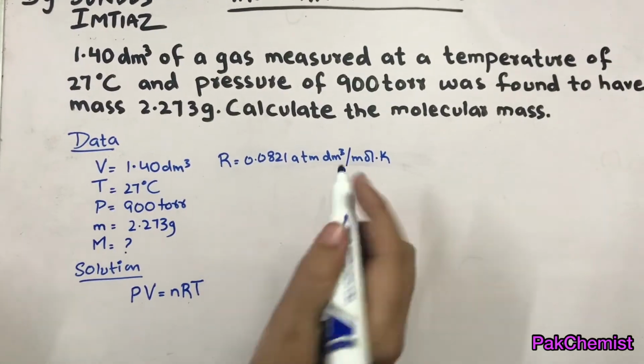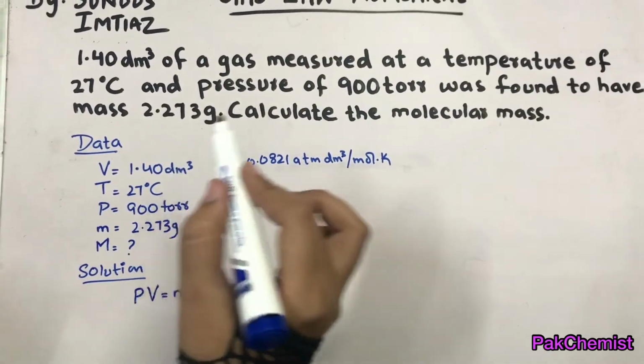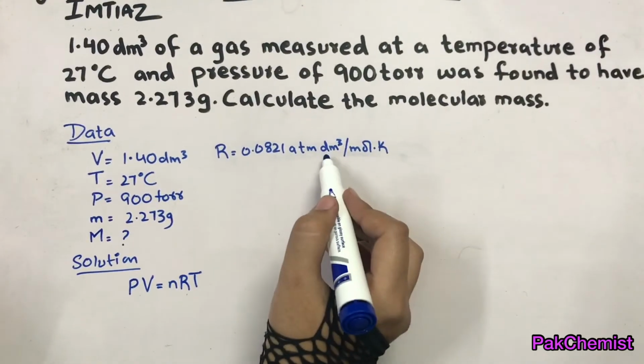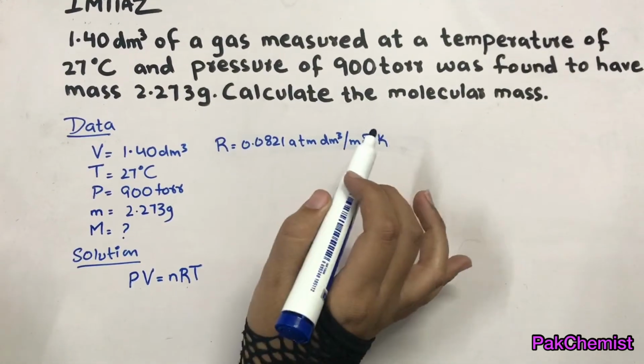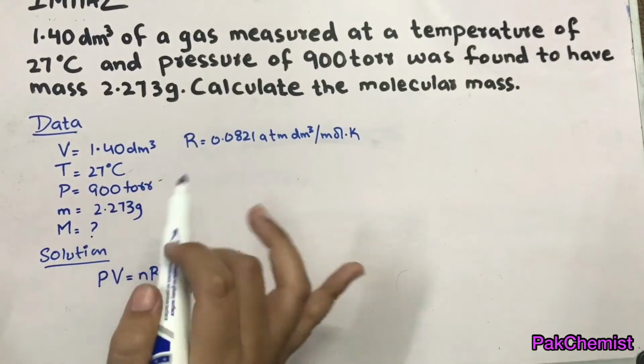Why this value? Because the volume is given in decimeter cube, so we are going to use the value in which the volume is also in decimeter cube, right?